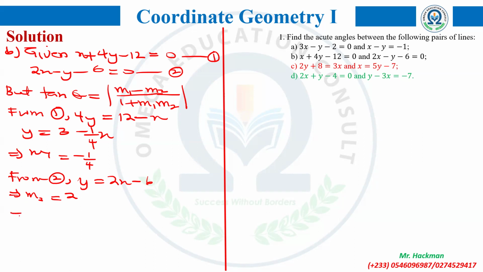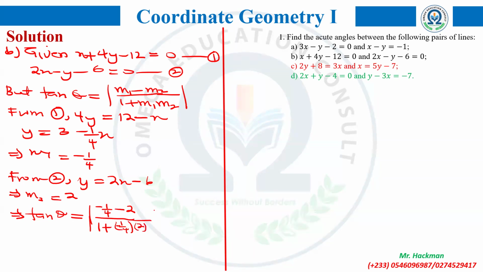So you can say that this implies that your tan theta, we will just go and substitute, will be equal to the absolute value of m1, which is minus 1/4. Here we don't care whether that is greater than the other one or not. Then minus m2, which is 2, all over 1 plus minus 1/4 times 2.